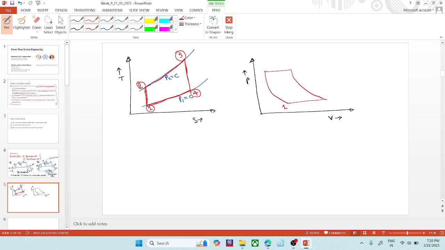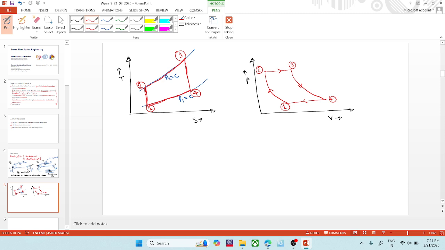So the points are 1, and 1 to 2 is the isentropic compression in the compressor. 2 to 3 is the constant pressure heat addition in the combustion chamber. 3 to 4 is the isentropic expansion in the turbine, and 4 to 1 is the constant pressure heat rejection in the intercooler.